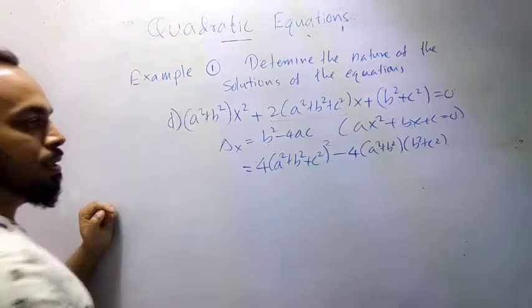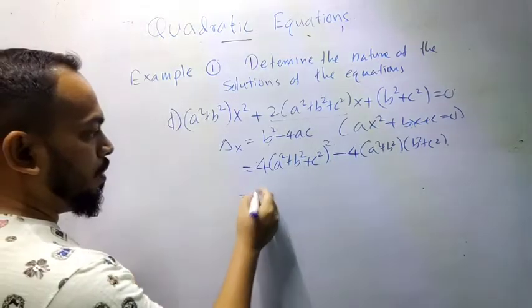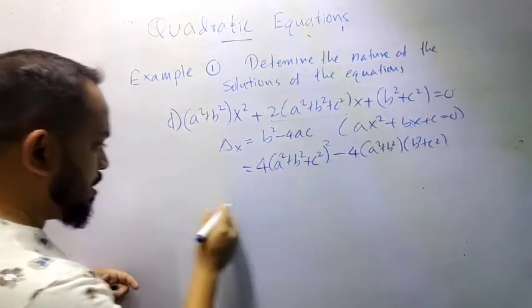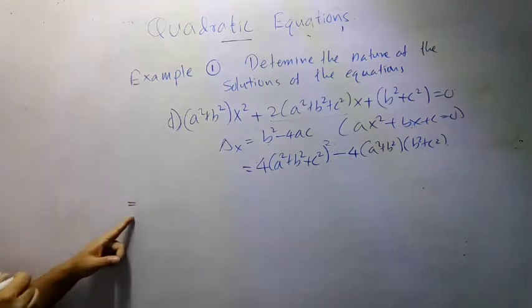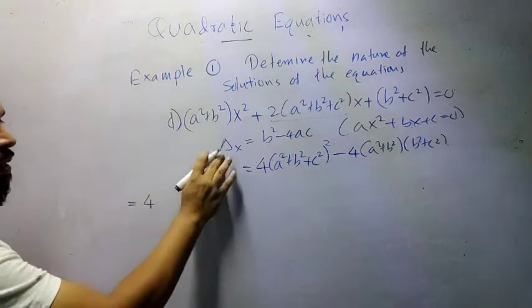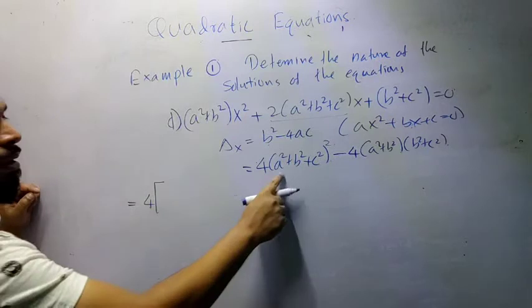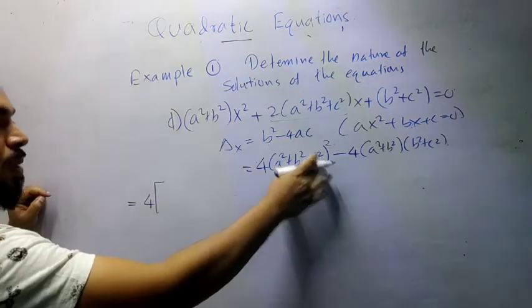Now how do we deal with this? We can factor out 4. Let me just take this here because we are running out of space there. I'm going to factor out the 4. We're still examining the discriminant here. Then we can expand this.